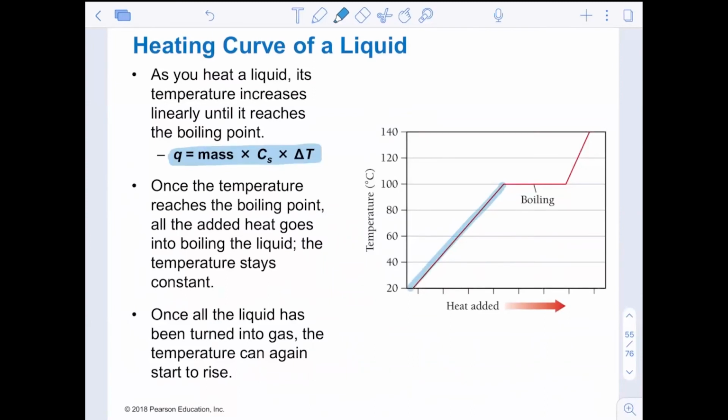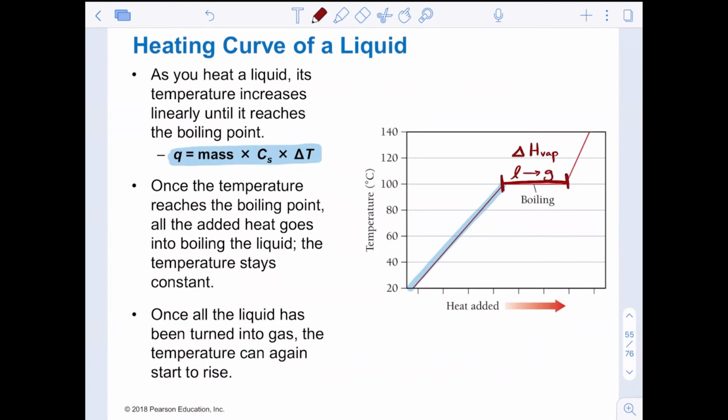But once we reach that point of boiling, we cannot use calorimetry anymore, because once the temperature reaches the boiling point, heat is going into actually doing the liquid to gas transition, which is the delta H of vaporization, all right? That delta H of vaporization will not change the temperature. It will actually be utilizing the energy to convert from the liquid to the gas.